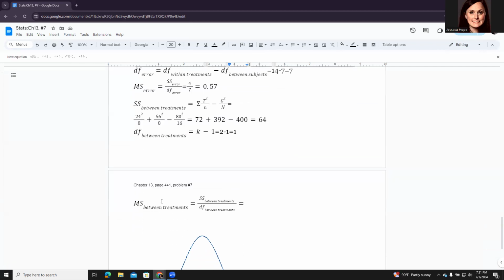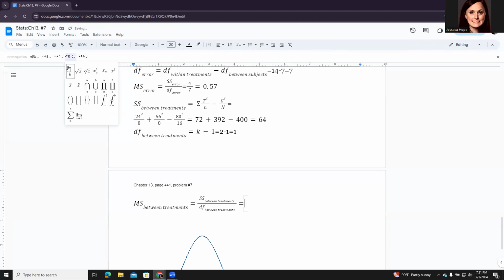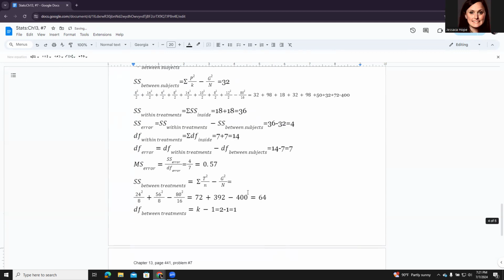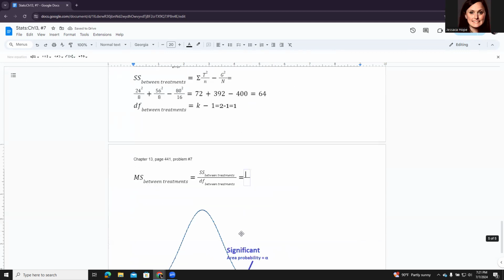Then we move on to MS between treatments. SS between treatments is 64, DF between treatments is 1, so of course that equals 64.